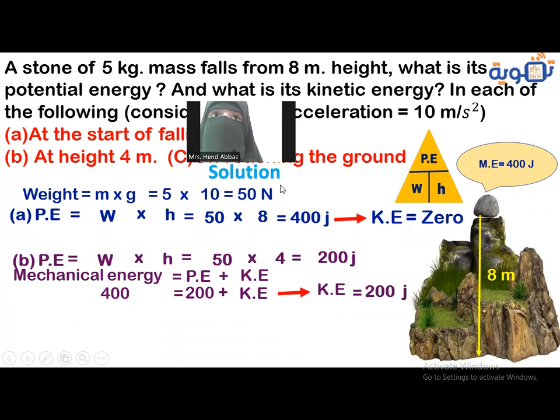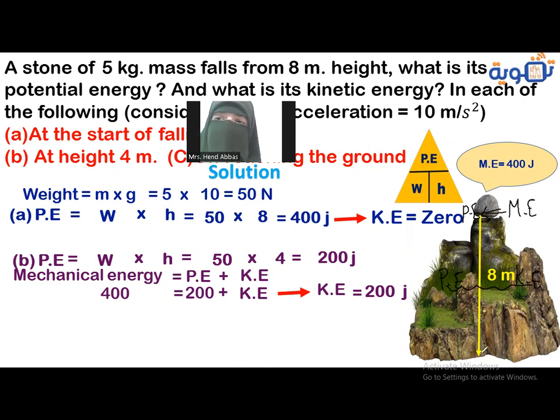And by the way, in the midpoint, the potential energy equals the kinetic energy. At the maximum height, the potential energy equals the mechanical energy. All of the mechanical energy was potential energy.